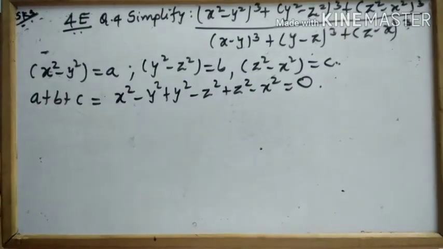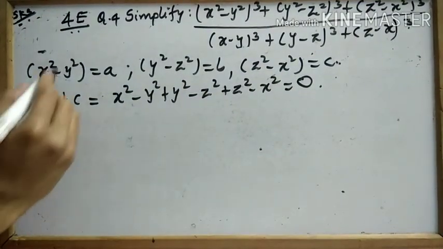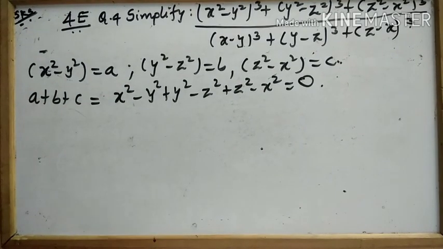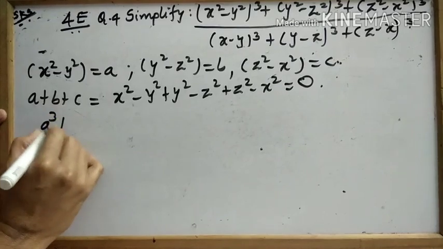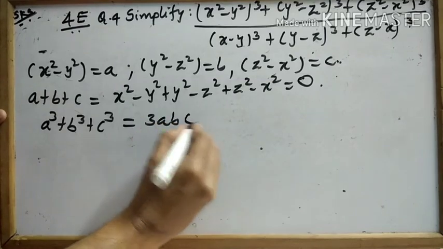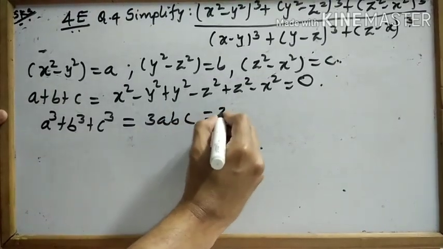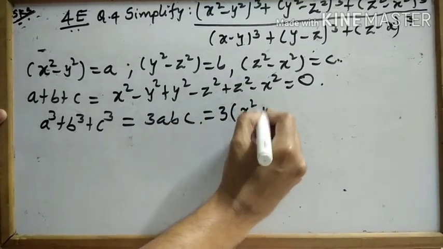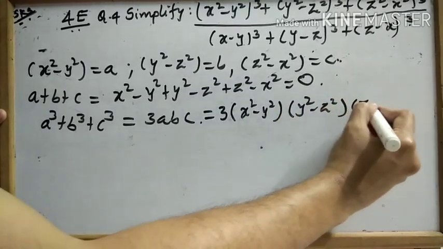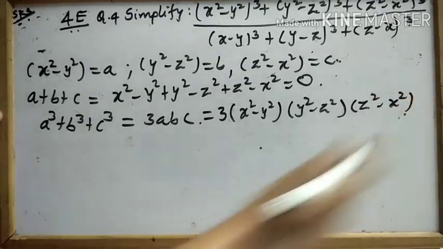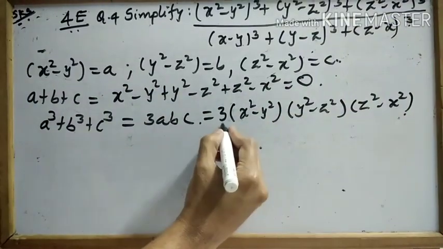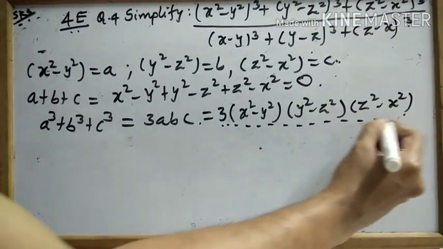If I sum up all those things, then its sum is 0. And we know that just now we recalled the identity that if a plus b plus c is equal to 0, then a cube plus b cube plus c cube will be equal to 3abc, which is nothing else but 3 into bracket (x square minus y square) into (y square minus z square) into (z square minus x square). So instead of your entire numerator as this, your new numerator can be written down like this.